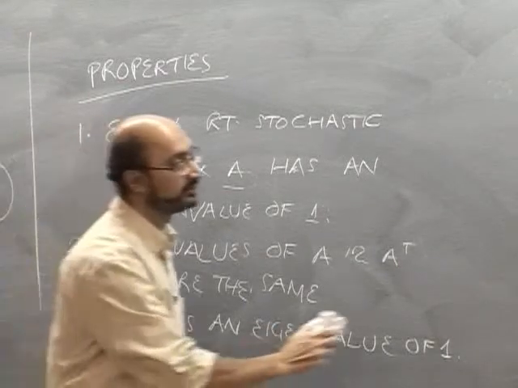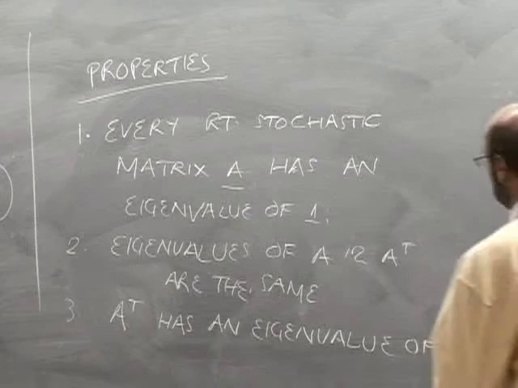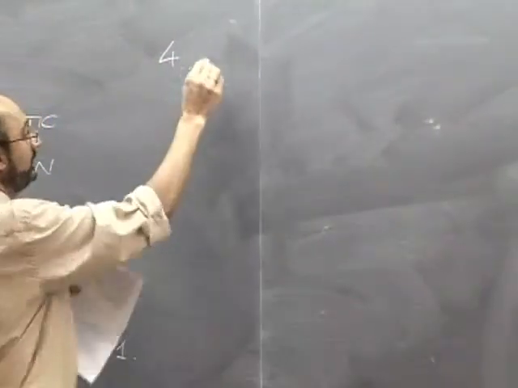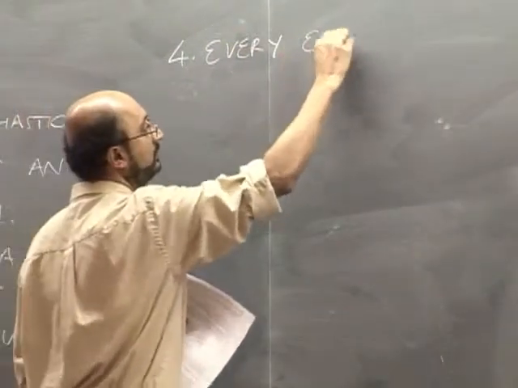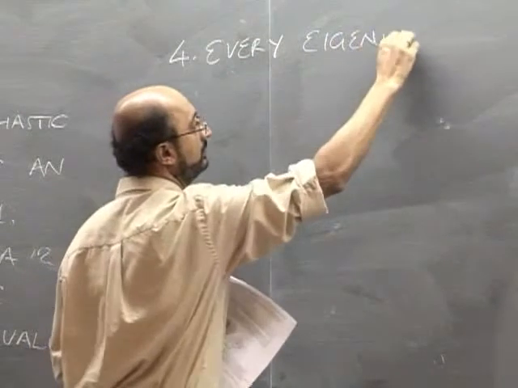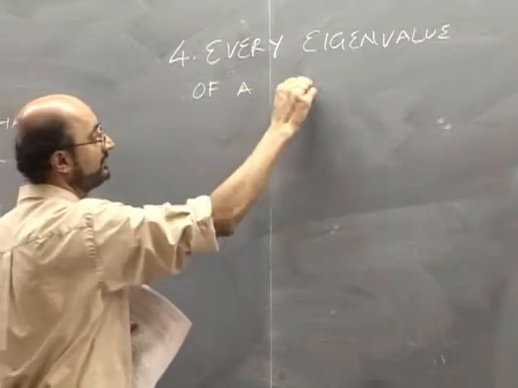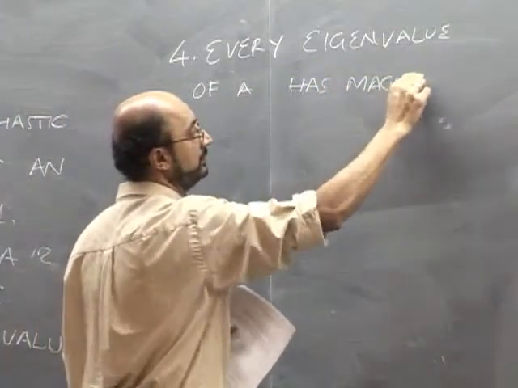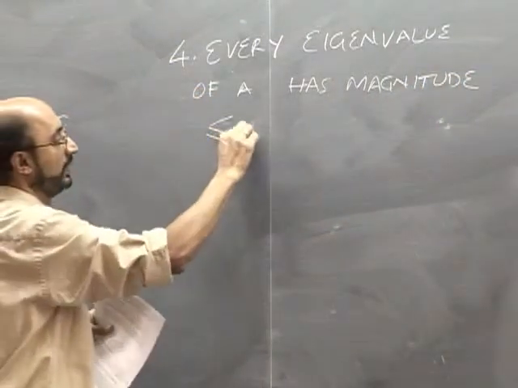Okay, so let me write down a few more properties. So we'll go to 4. The second property is that every eigenvalue of A has a magnitude less than or equal to 1.